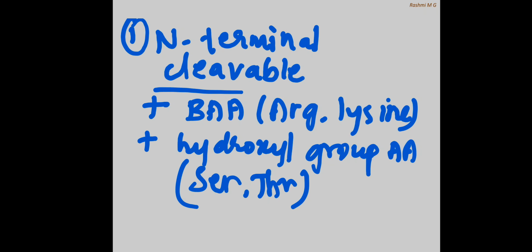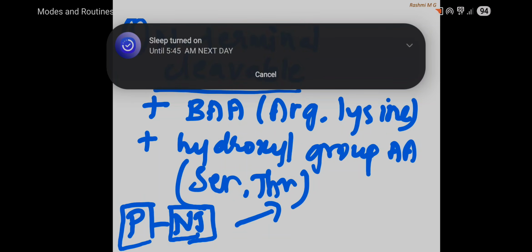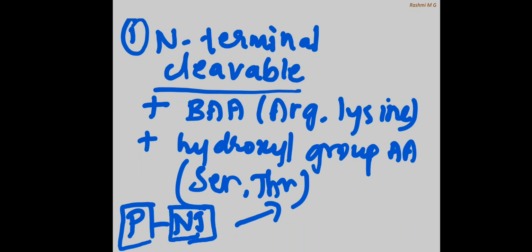So if a protein contains this N-terminal cleavable matrix targeting sequence, it can direct the precursor protein to the mitochondrial matrix, inner mitochondrial membrane and intermembrane space.